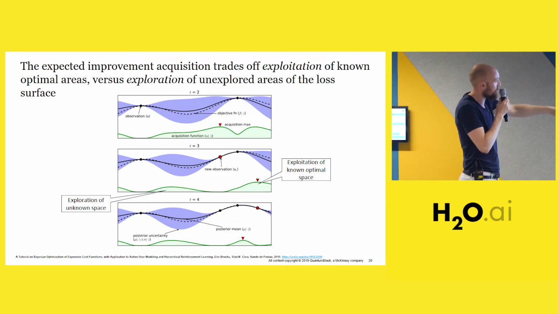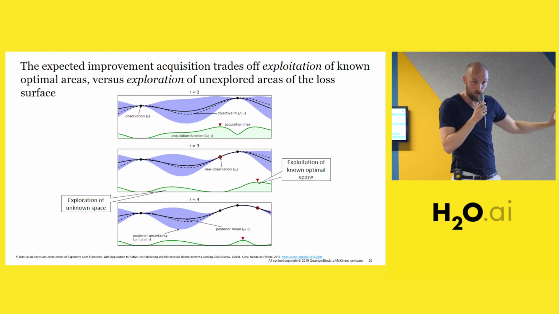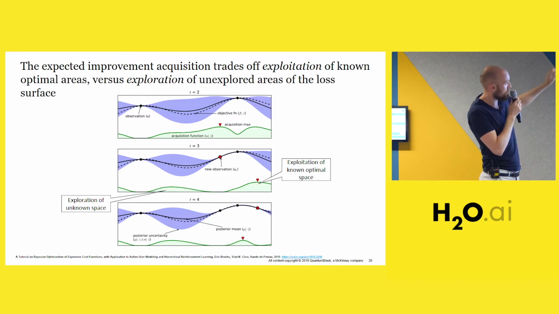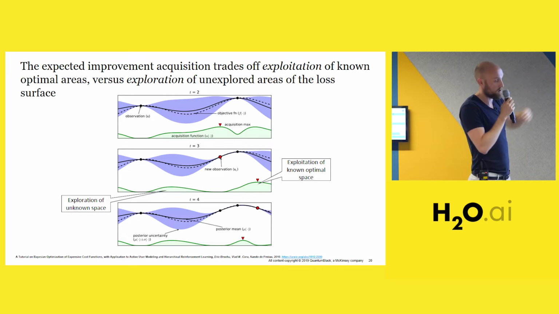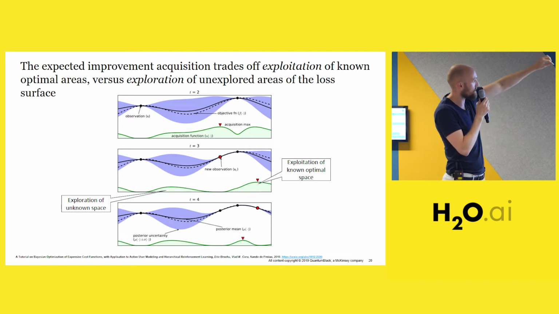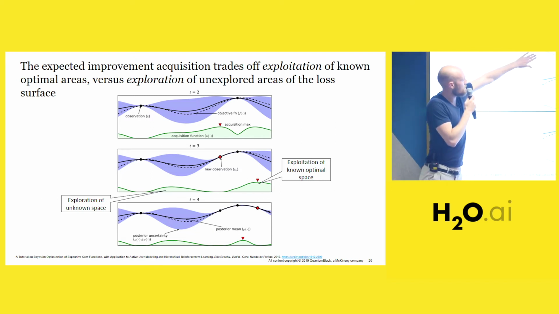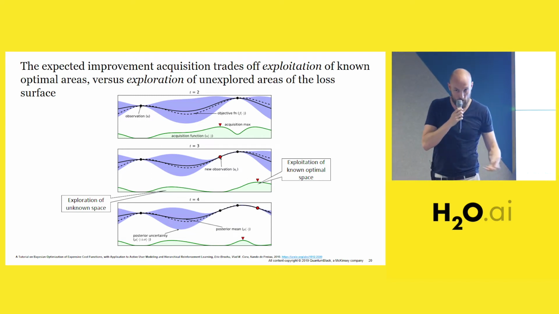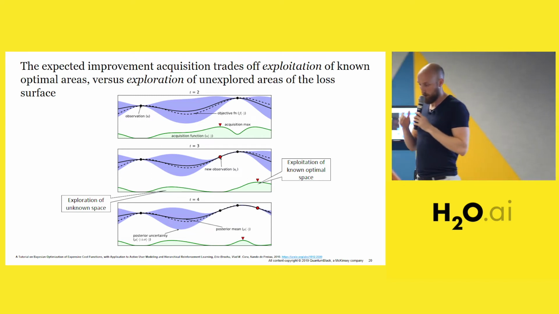What I'm showing you here is 3 iterations of the Bayesian optimization procedure. The black solid line is what our current mean belief is of the objective function, and the dashed line is the actual objective. And this green function here is the utility function or acquisition function that I was about to mention.